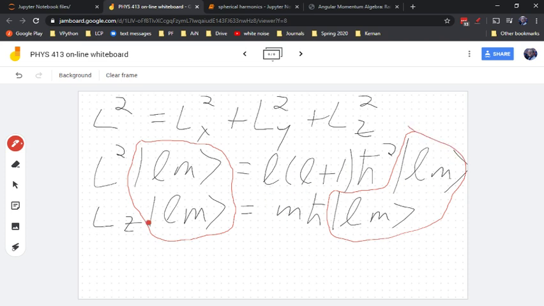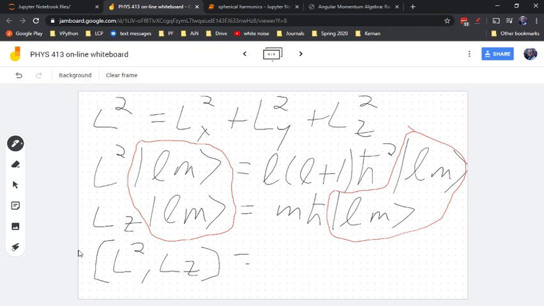These are both eigenstates of L squared and Lz at the same time. So all that stuff we had to worry about where you couldn't measure Sx and Sy and Sz at the same time, that is still true for the components, but you can measure Lz and L squared at the same time, because what we're going to see in a second is L squared and Lz commute.